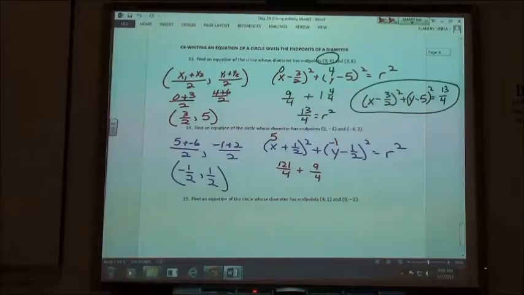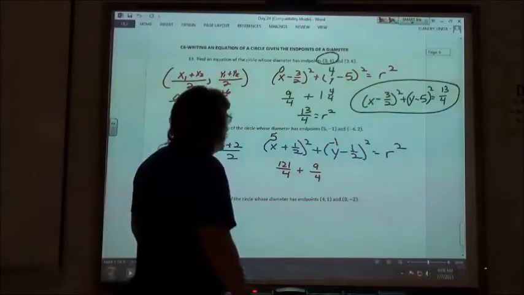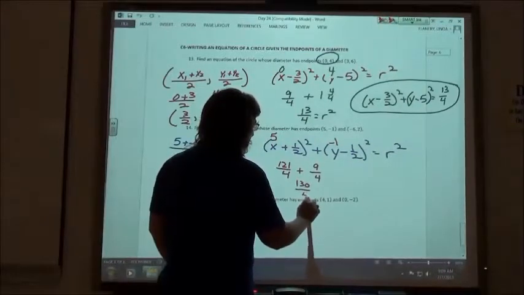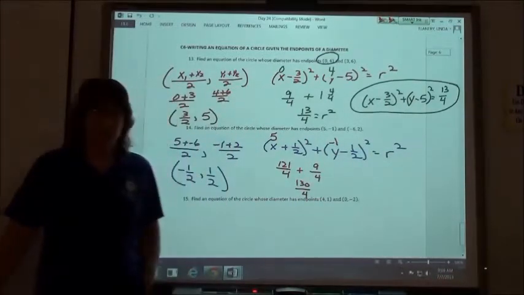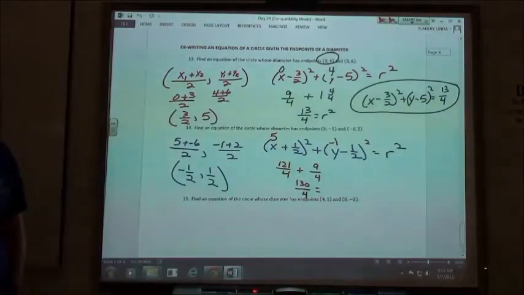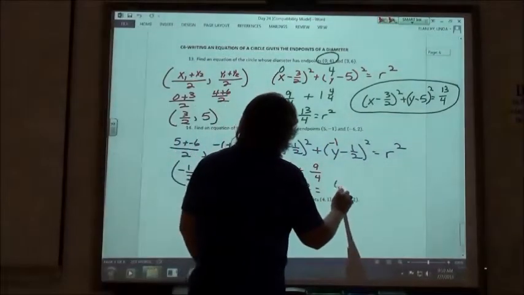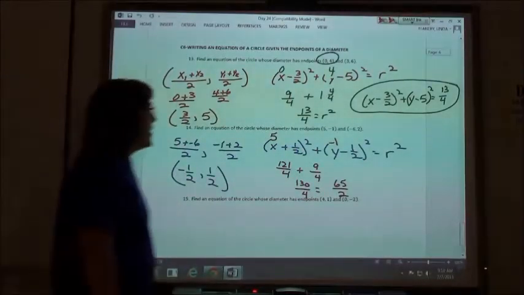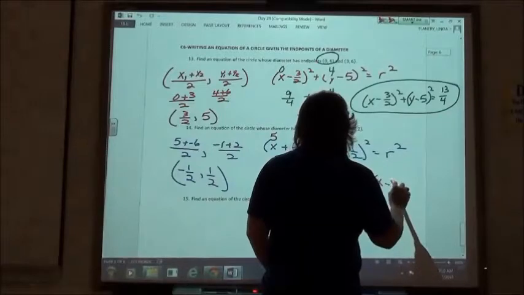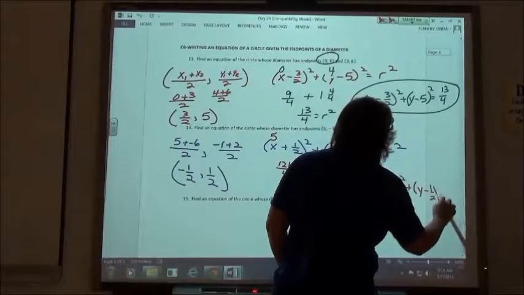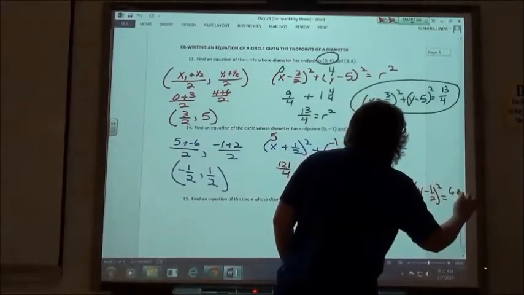So if I take 121/4 plus 9/4, I get 130/4, which I could reduce down to 65/2. So my equation, (x + 1/2)² + (y - 1/2)² = 65/2.